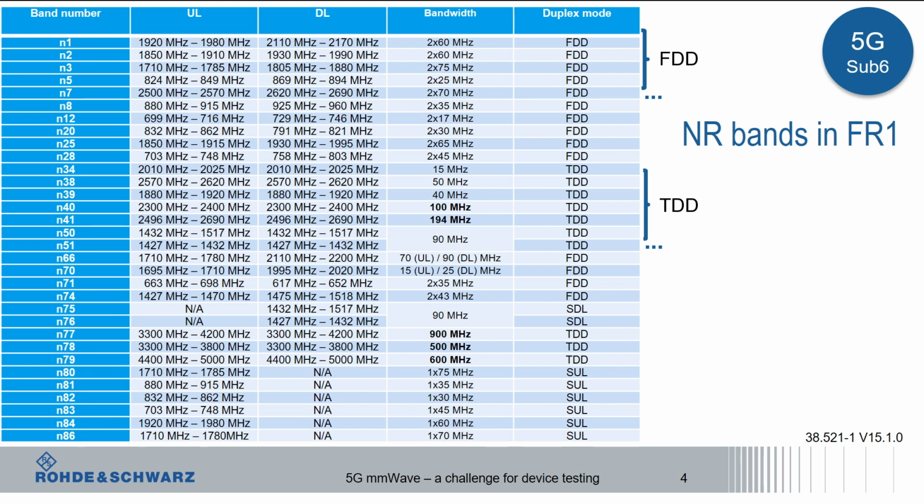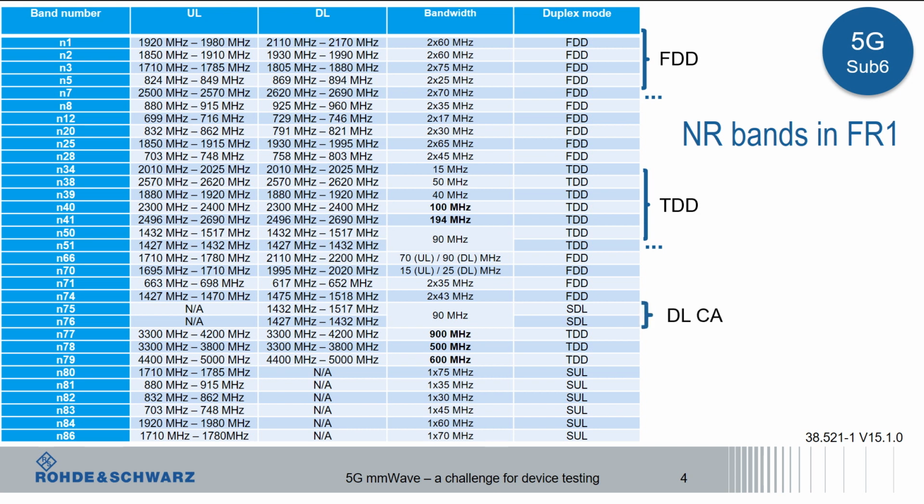Further down the line, in bands 77, 78 and 79, you have these 3.5 and 4.5 gigahertz bands, which are extremely interesting for a lot of operators for running 5G NR in FR1, because they are really wideband, between 500 and 900 megahertz of bandwidth. That is, of course, way more capacity than we have in, say, LTE or other previous generation networks.